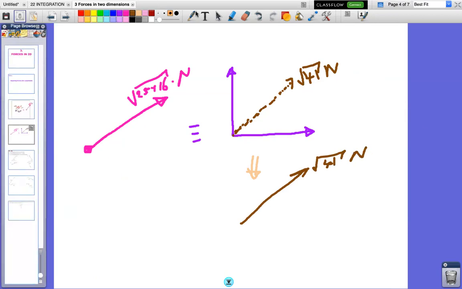And then you should be able to break this single force into one force in this direction and another force in that direction. But this force also, we can put it on this side. We can put that one here also.